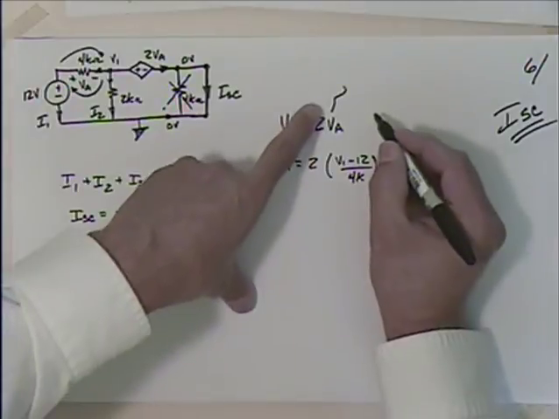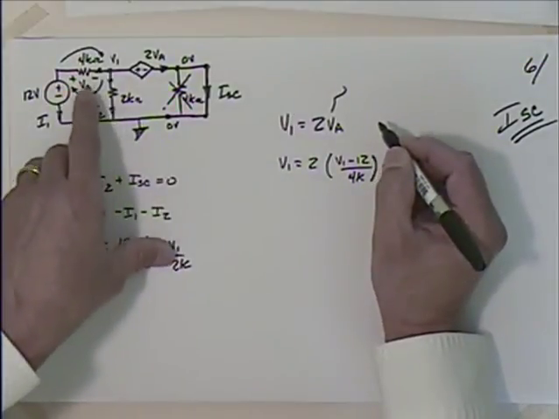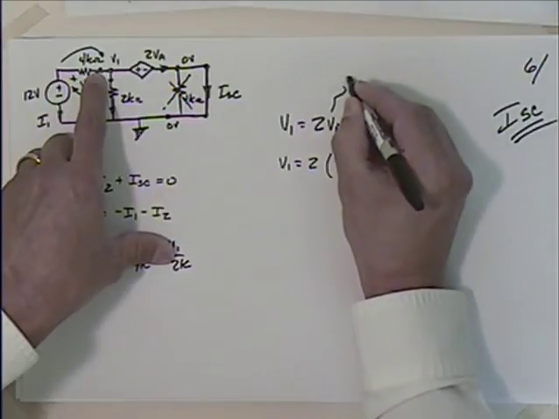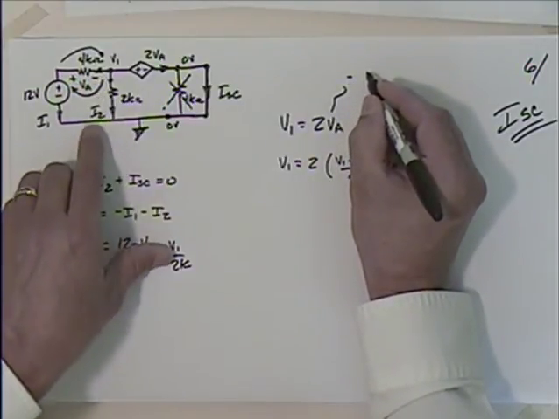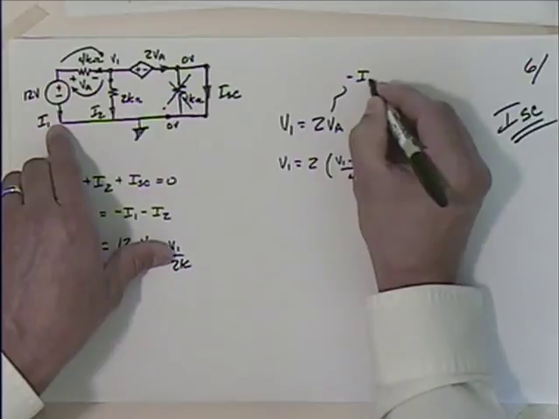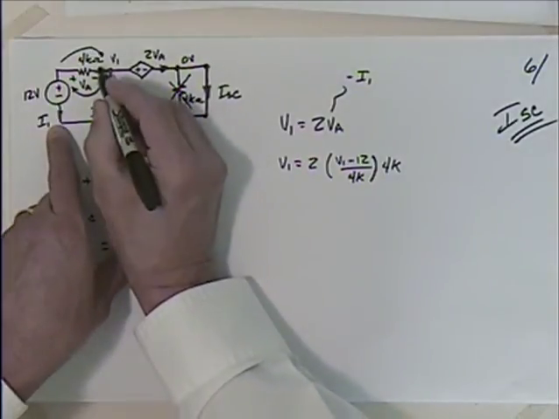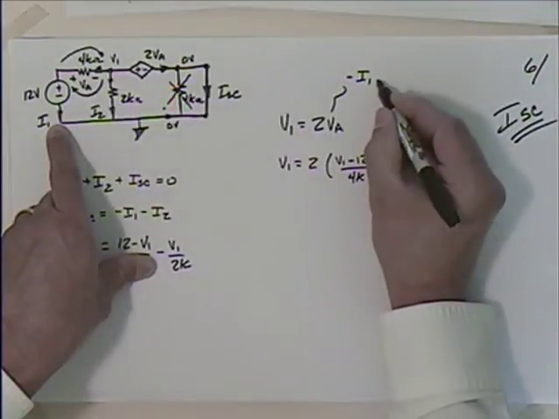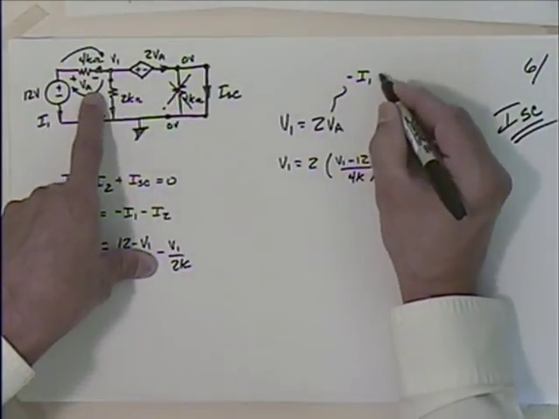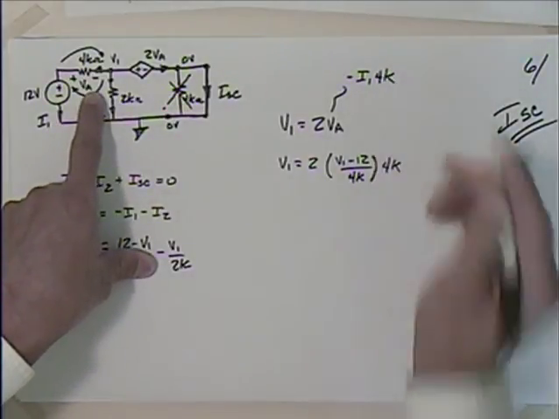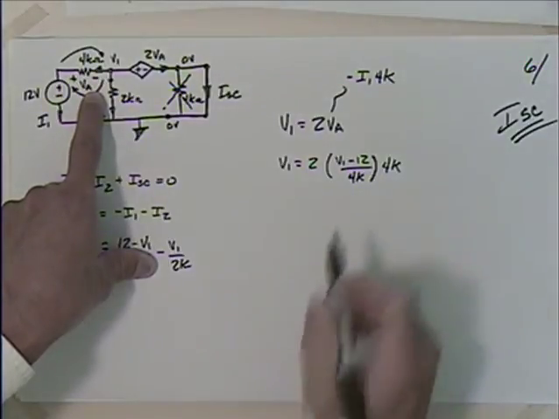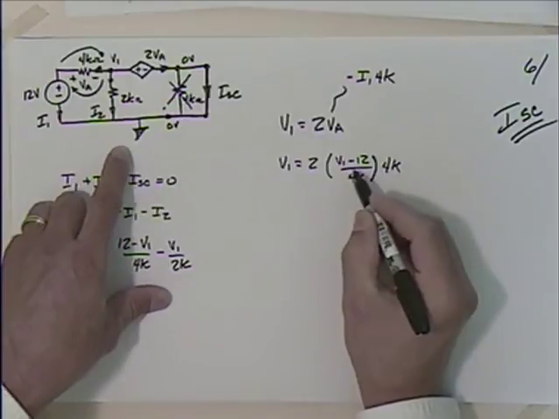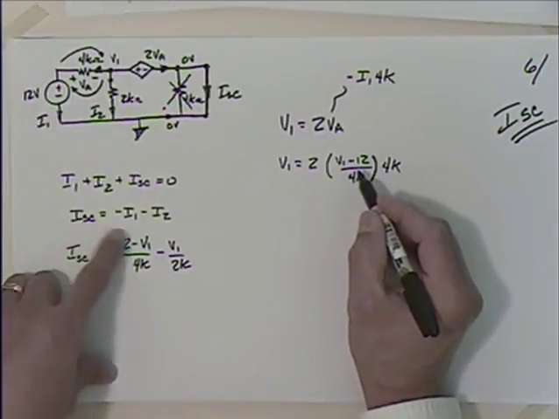I could say that VA, the voltage at A, is going to be equal to minus this current here, I1. There we go, minus the current, because that current is going this way, and our polarity is negative and positive, so minus I1 times 4K. That's what that voltage is. So when I come down here, I have the 2 from up there, and then I1. Do we have I1?